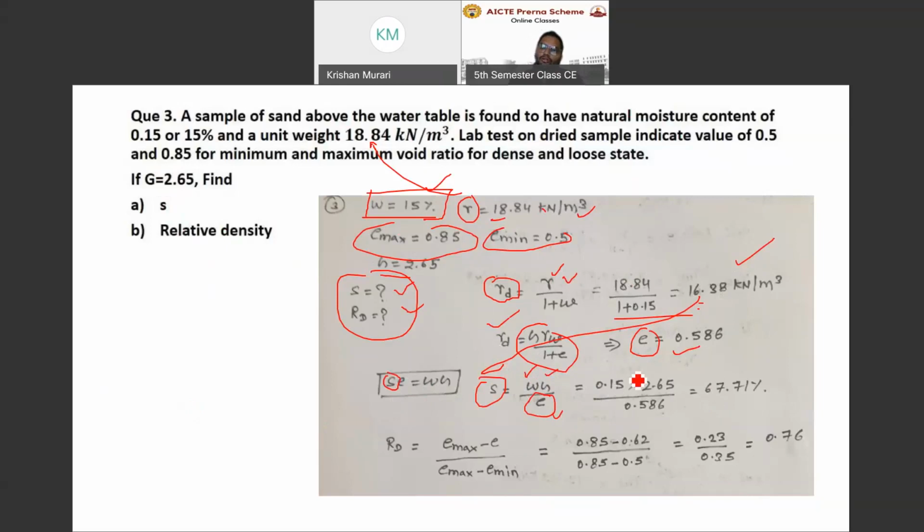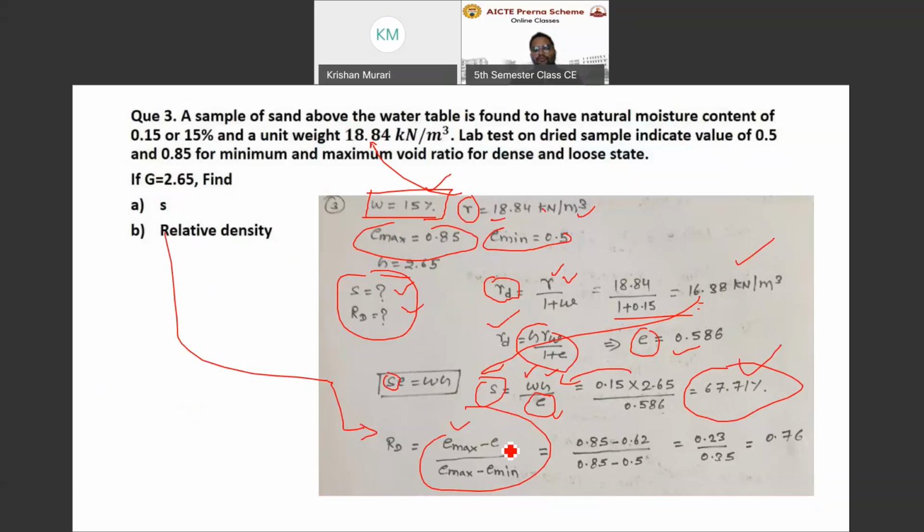So here put all the values in that formula and you can easily calculate the degree of saturation, that is 67.61. Now the part B, and what is the part B? It is relative density. What is the relative density? e max minus e upon e max minus e minimum. So here e max is 0.85 and e is the natural void ratio, that we found out.